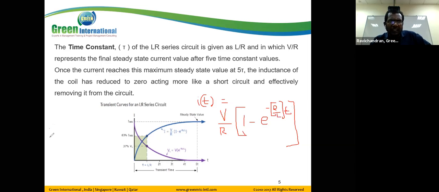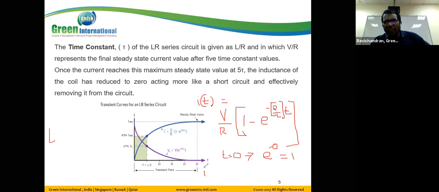Now substitute t is equal to 0, which gives e to the power of minus 0, which is equal to 1.